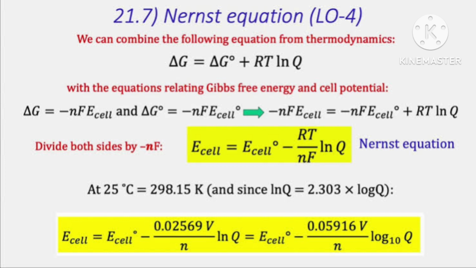Now if you observe this experiment, this is actually a galvanic cell. What will you observe here? When the reaction starts and the cell is working, Zn plus cupric ion will give Zn ion plus copper.